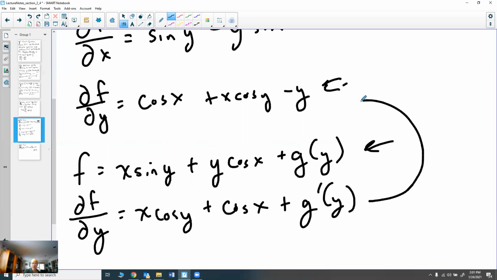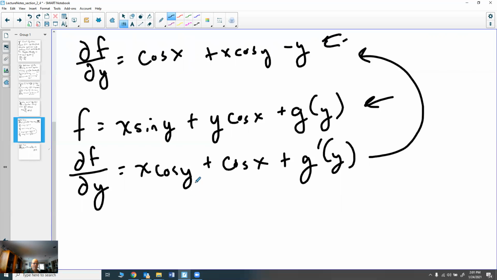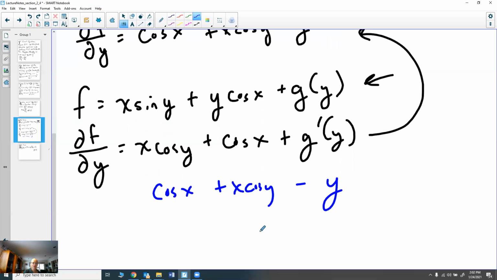Now we're going to compare that to what we said it was originally. When I compare this, I had the cosine x plus x cosine y minus y. Comparing these, I can see that g prime of y is just equal to minus y, because these two terms are exactly the same.